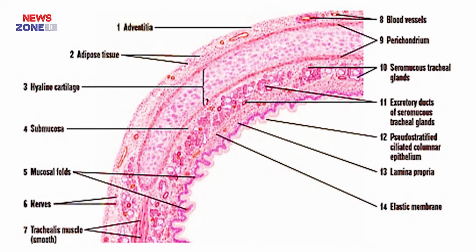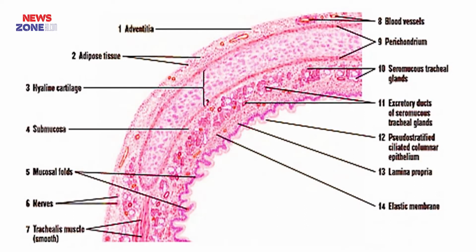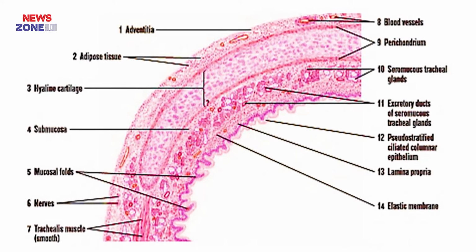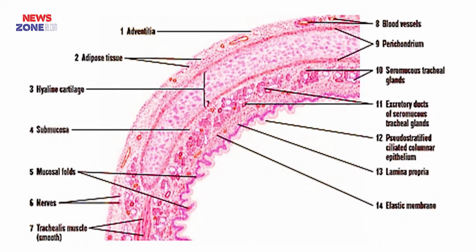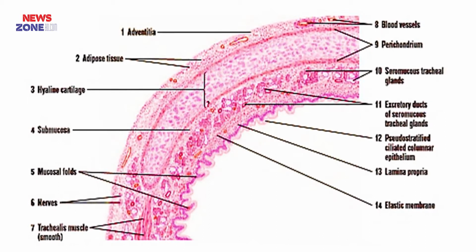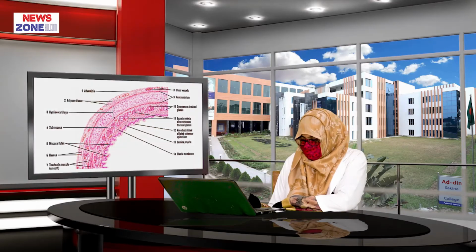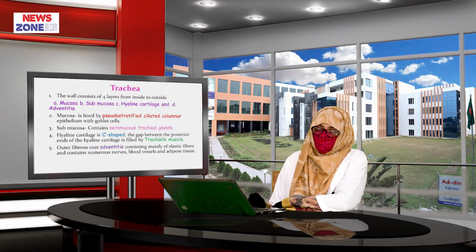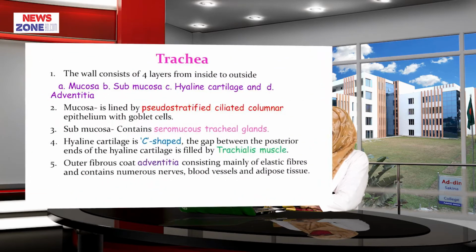The open ends of the cartilaginous rings are bridged by a bundle of smooth muscle called the trachealis muscle. Then adventitia. Adventitia is the outer fibrous coat consisting mainly of elastic fibers and contains numerous nerves, blood vessels and adipose tissue. In short, the trachea contains 4 layers from outside to inward.